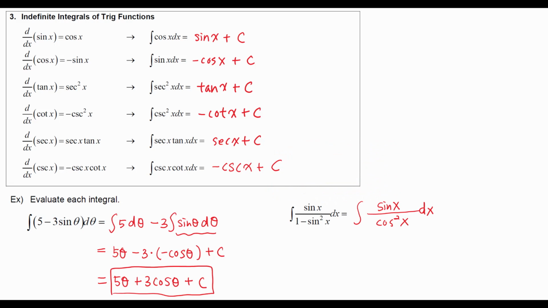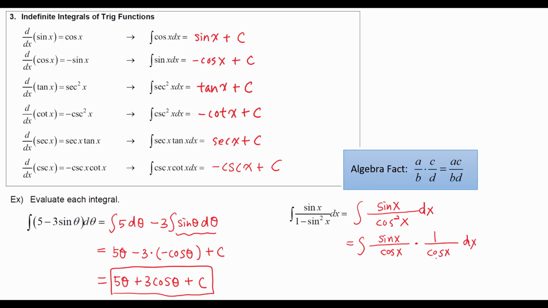And then I can split this, as cosine square x is cosine x times cosine x. So one cosine x I'm gonna use for the denominator for sine x. So I can have sine x over cosine x. And then for the other one, I will just have 1 over cosine x. And you can see if you just multiply these two expressions, you get back to sine x over cosine square x.